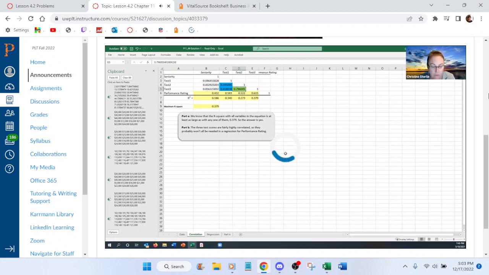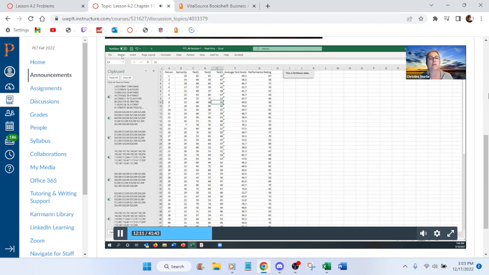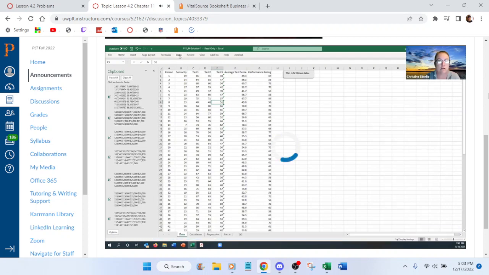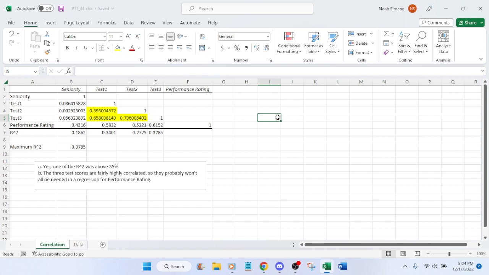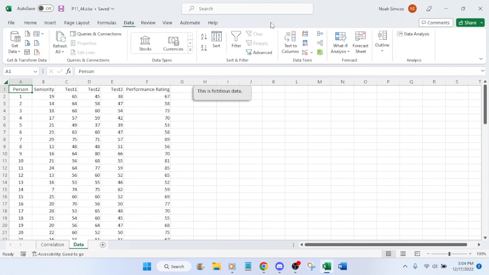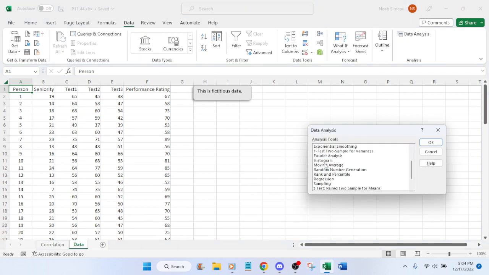Actually, for this data, we want to go to the data analysis toolpack. Regression.